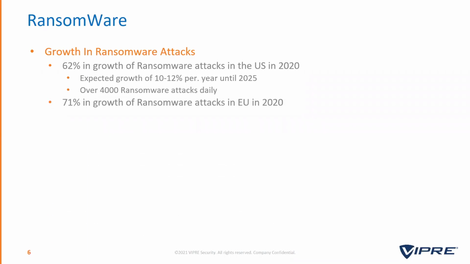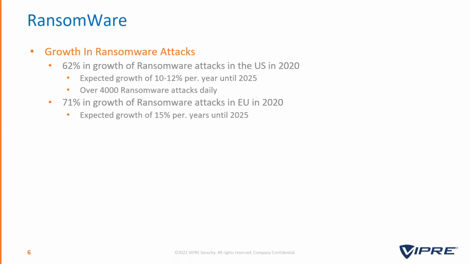Now, taking it into Europe and going back to what I said before about the GDPR, we are consolidating data and putting it in each country, in data centers that are more one-to-one. Now we have a situation where the growth is higher. Now it's 71%, and Gartner expects a growth of 15% per year until 2025.